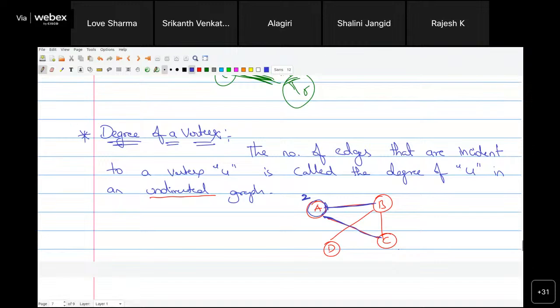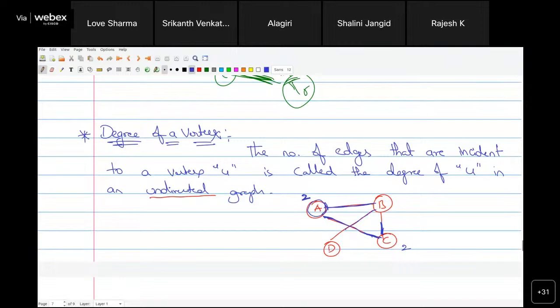So what will be the degree of vertex C? 2. You just have to look at the number of edges incident to vertex C. What will be the degree of vertex B? 3.